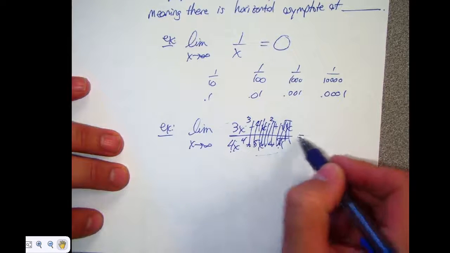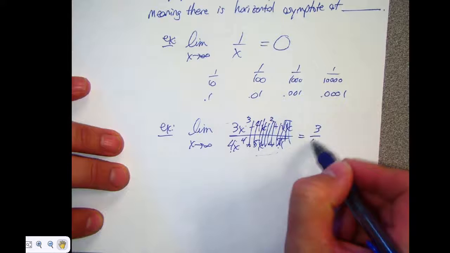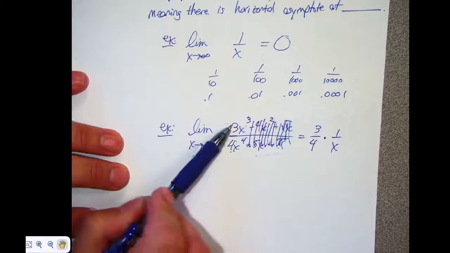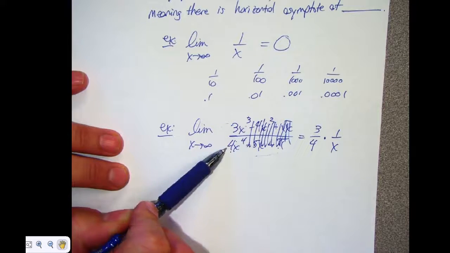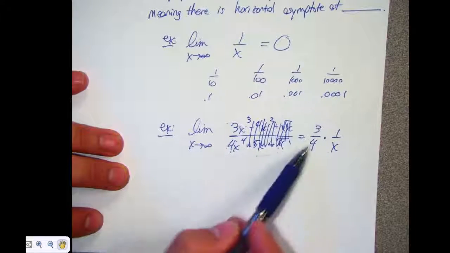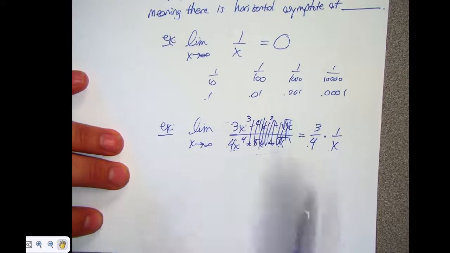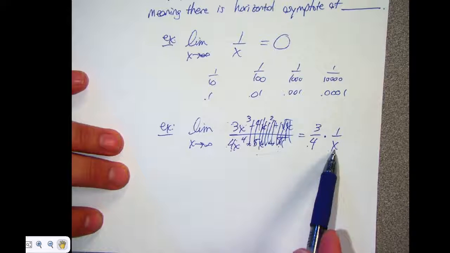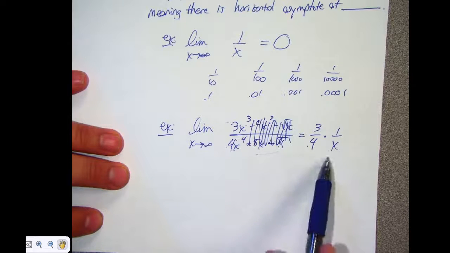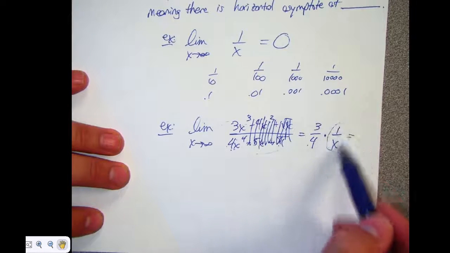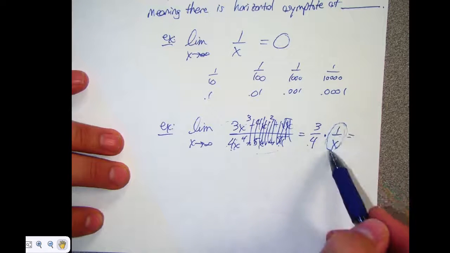And then if I simplified the rest of it, couldn't I, if I wanted to, write 3x to the third over 4x to the fourth, that's 3/4 times 1 over x. So the 3 and the 4 I pulled out and made 3/4. I canceled out x to the third from the top and the bottom, so I just have an x on the bottom. Just rewriting it. And then what is the limit of this as x approaches infinity? 0.